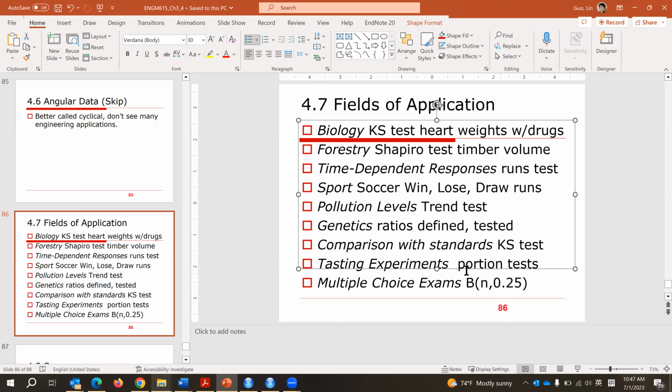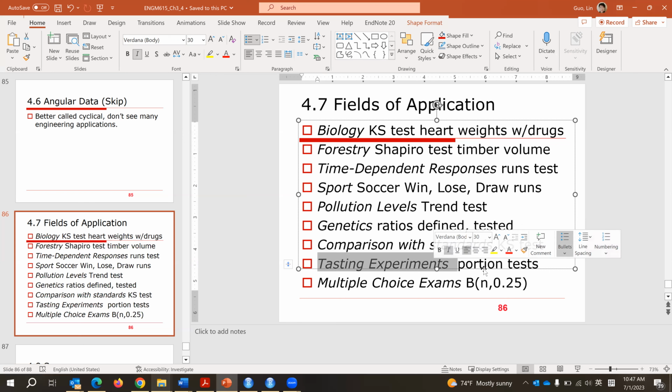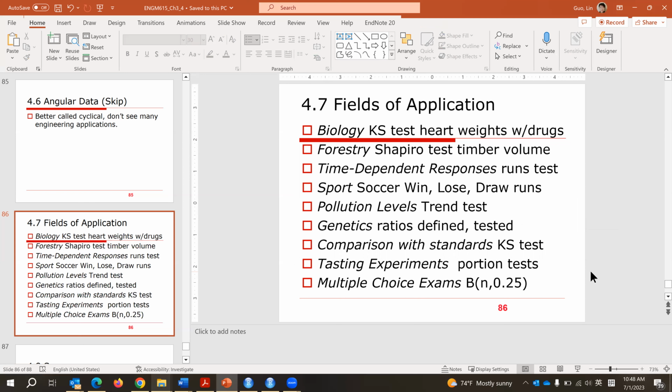And then the proportion test, testing experiments: what is the proportion of getting a certain result? We can use the proportion test. Again, we can use the binomial quantile test to test this one.